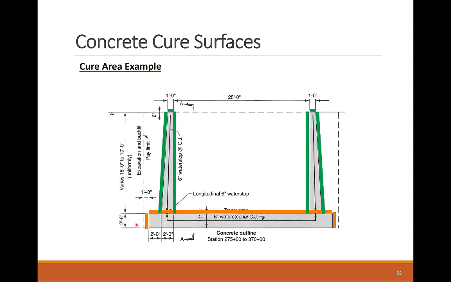We see here all surfaces that are considered for the concrete channel except for the bottom surface of the slab, as it is not in direct contact with the air, and of course because it's not accessible after pouring.